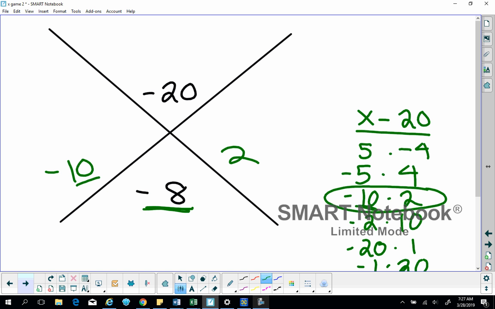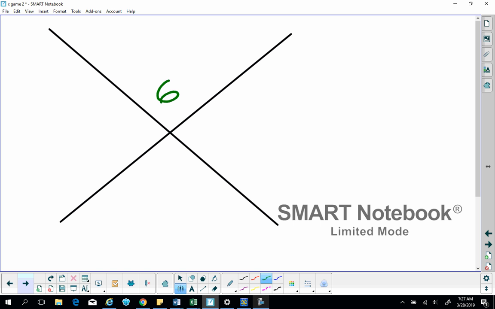Let's try number 6. So 6 and -5. Now we're adding to a negative number, but multiplying to a positive. What does that mean about my two factors? They're both going to be negative. So Tristan, give me two numbers that multiply to 6. But they have to be both negative. -3 and -2.